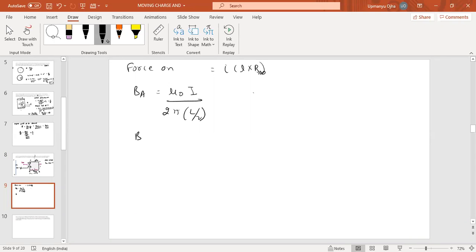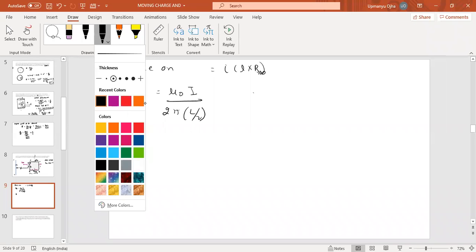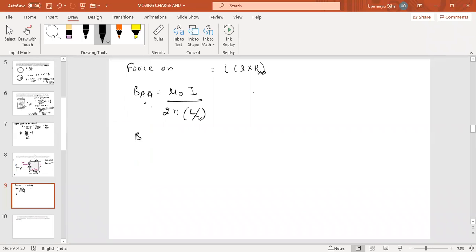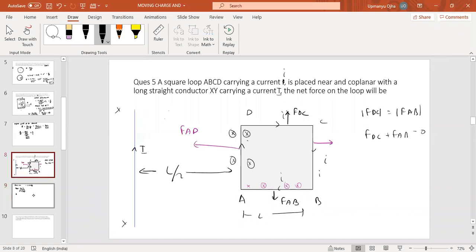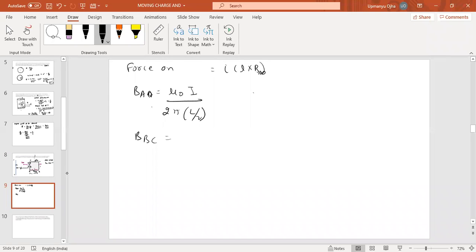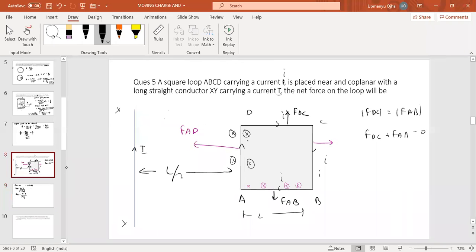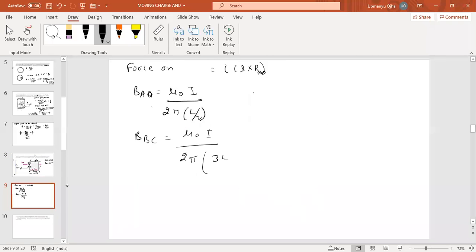The magnetic field on BC will be equal to mu naught I by 2 pi. Now the distance from this wire is how much? That is L plus L by 2, which is 3L by 2. So the magnetic field on AD is mu naught I by 2 pi L by 2 and on BC is mu naught I by 2 pi 3L by 2.